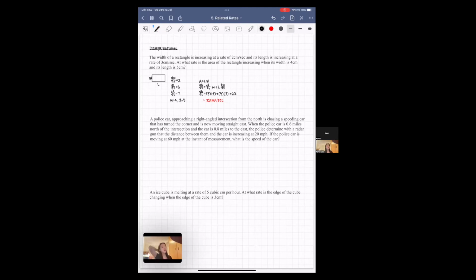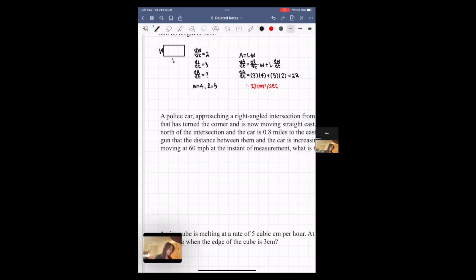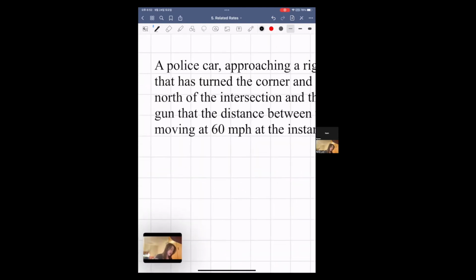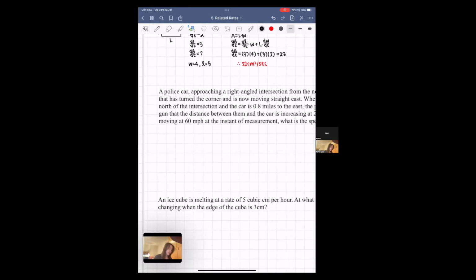Now the following ones look at more complicated ones. So let's look. Assuming that you read the question, we first organize all of the variables. Let's first draw what's occurring here.